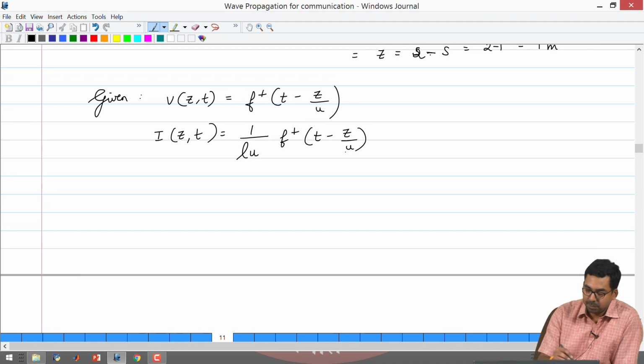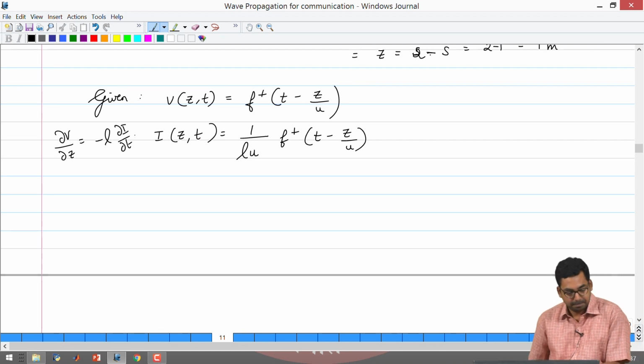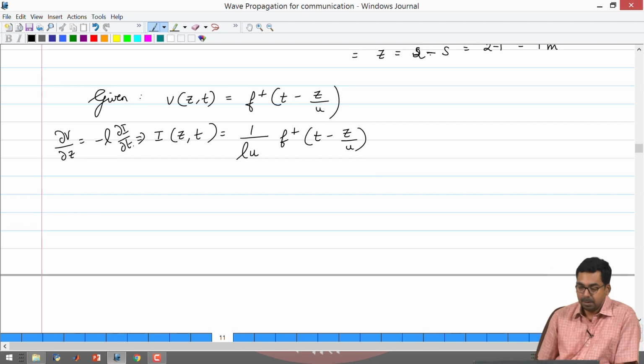So, this is coming from dou v by dou z is equal to minus L dou I by dou t. Now, once you have an equation, it is very easy to do dimensional analysis of the left and the right hand side.